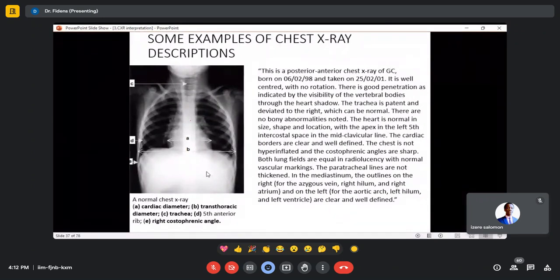Faintly seen. Not clearly seen. By definition, this is not over penetration. It is normal penetration, adequate penetration. I think he wants to say about the lungs that it is hyperlucent. Why are the lungs too dark?